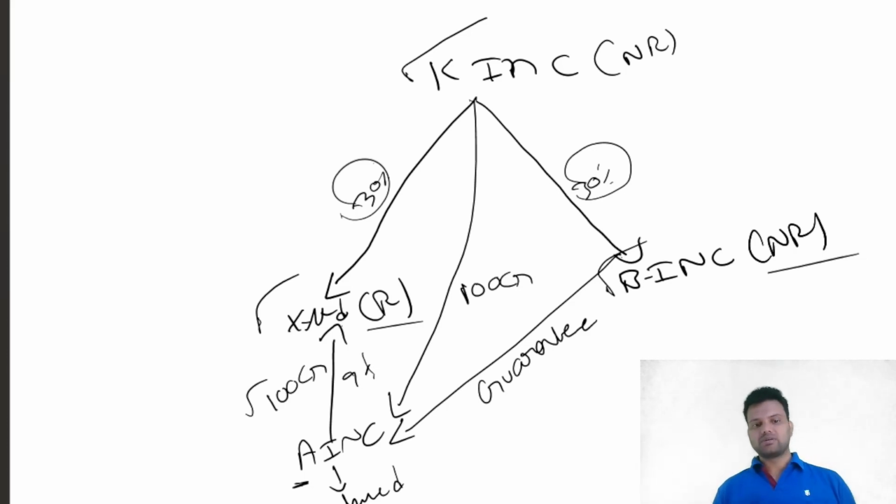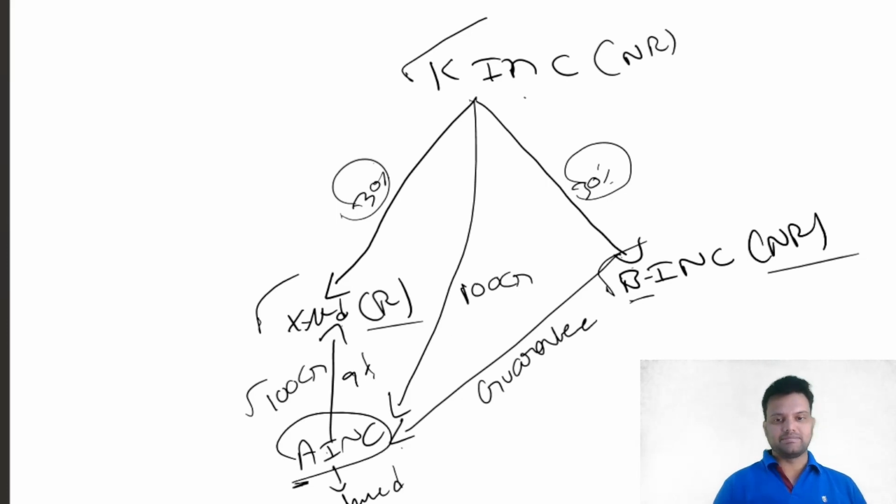BINC gives a guarantee to AINC for the loan that AINC is giving to X Limited. Similarly, KINC, an associated enterprise, has given a matching amount of 100 crores to AINC. In turn, AINC paid that 100 crores to X Limited.